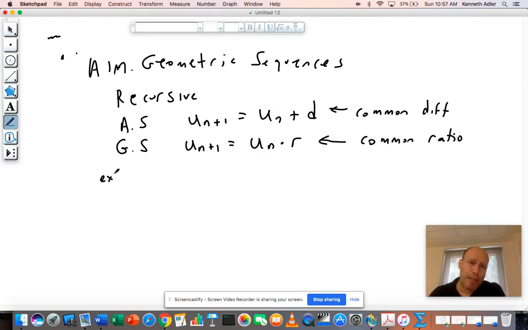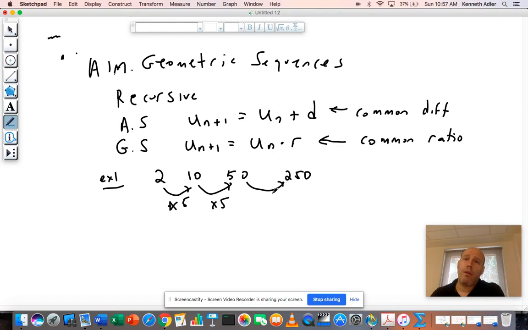So if I gave you example 1 and I said, 2, 10, 50, 250, you might say, hey, Mr. Adler, I can clearly see by inspection that it's times 5, times 5, times 5. But what's the fancy way?